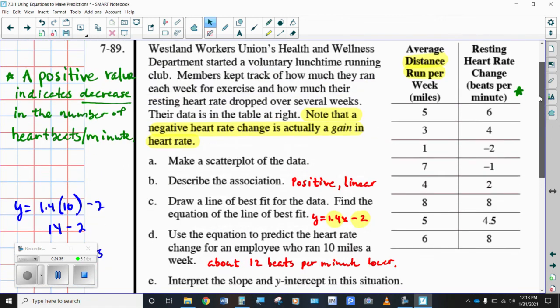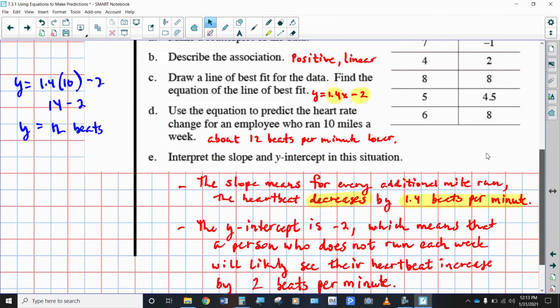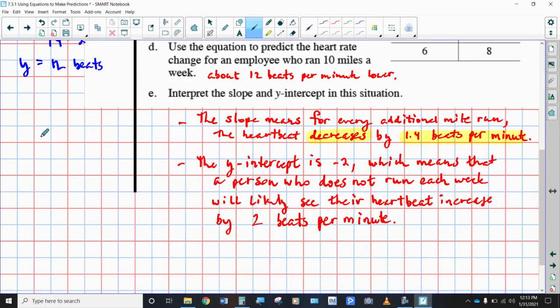But again, there are limits to this, right? If someone runs 100 miles, pardon me for going off on this tangent, but at some point you can't have no heartbeat, right? We all agree that at some point your heart still needs to beat. I think usually people consider between 60 and 80 beats per minute to be that healthy range. And once you start getting over 90 and 100, it starts to get worse.